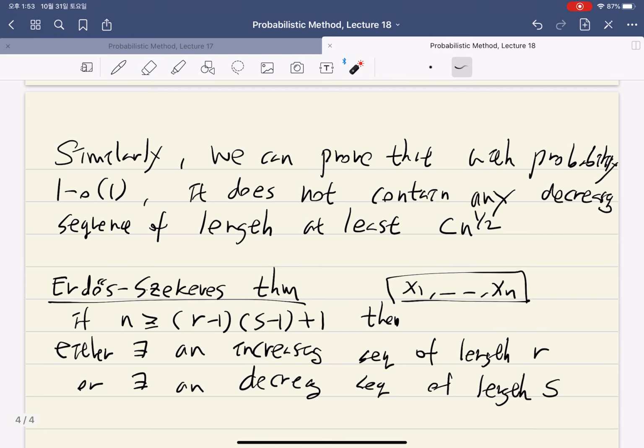So it does not contain a decreasing sequence of length at least this.